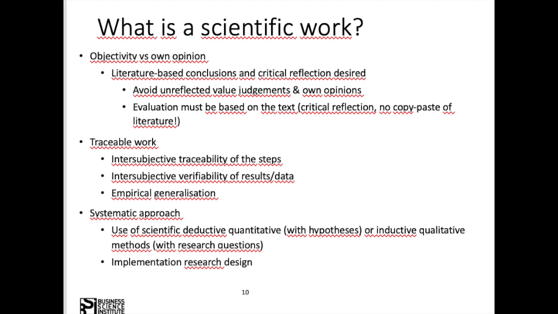On the one side, researchers think that trust has an impact on loyalty. On the other side, researchers think that trust is not important. And so you summarize the state of the art of the literature. That is what you have to do in the literature review. Avoid unreflected value positions, judgments, opinions of journalists.